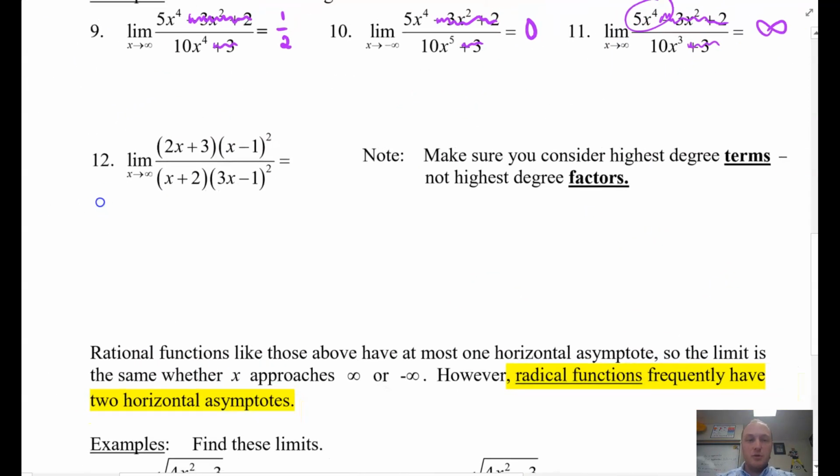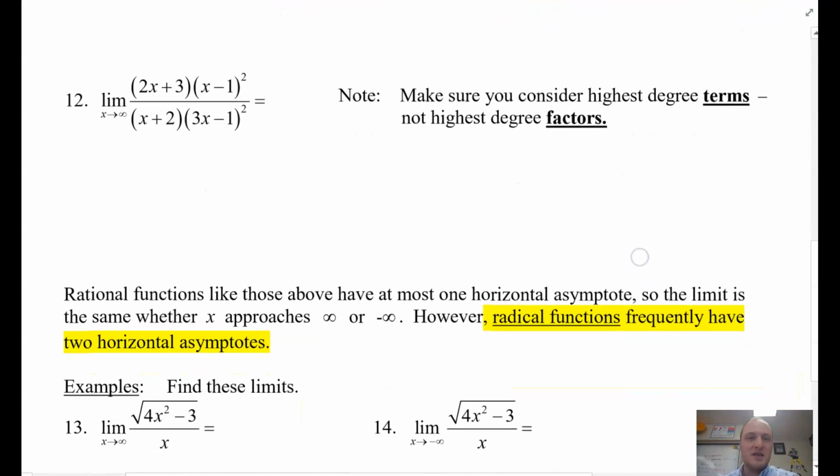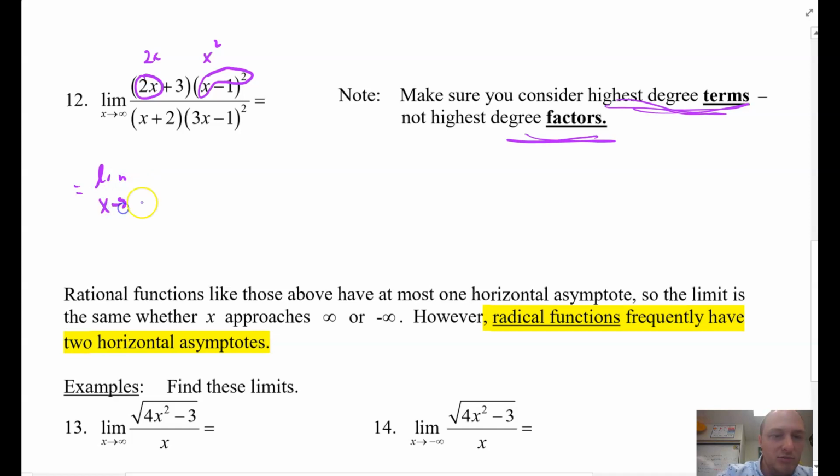And here we go. Number 12 is different because the function is factored. So again, we have to make sure we consider our highest degree terms, not the highest degree factors. I'm going to consider here 2x, that's a leading term, and then I have x squared. This is going to be equal to the limit as x approaches positive infinity of 2x cubed plus some other stuff, some other junk that we don't care about.